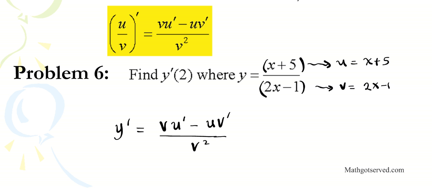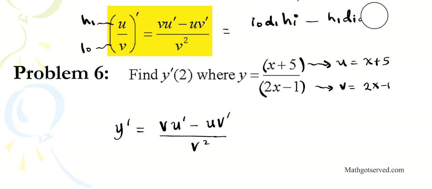There's a mnemonic device most people use. They say this is the high, and this is low. High means you're in the top, low means you're in the bottom. You just have low times the derivative of high, low d high, minus high times the derivative of the low, high d low. So it's not high d low.